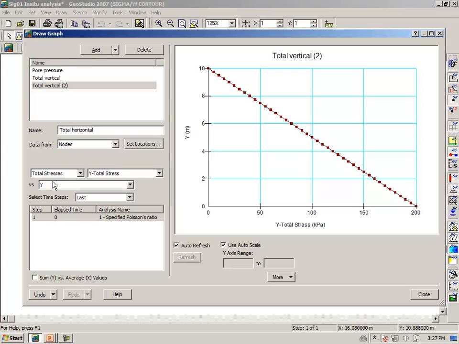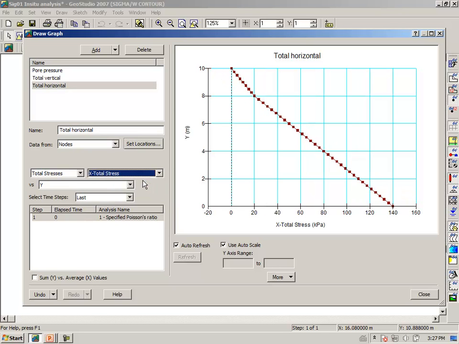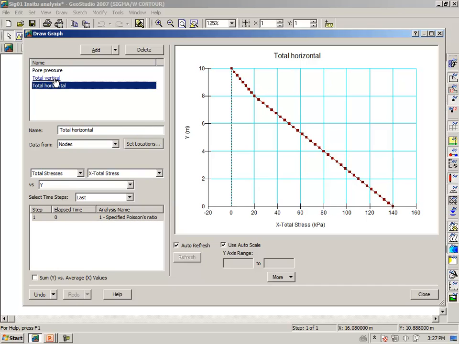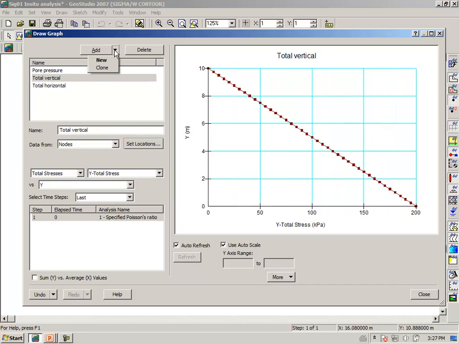All we now need to do is to select X total stress. Cloning the total vertical again, say clone, but this time we want the effective vertical.